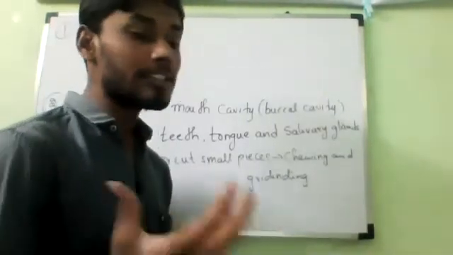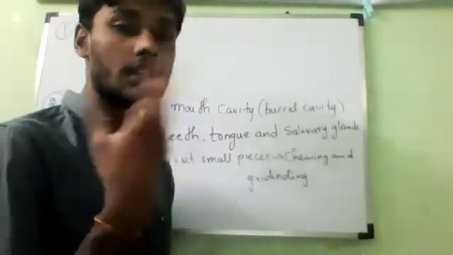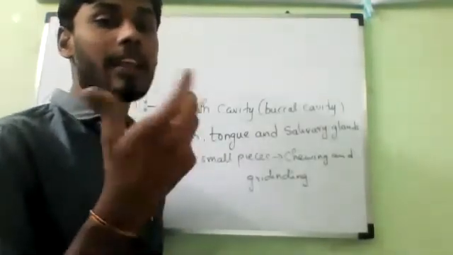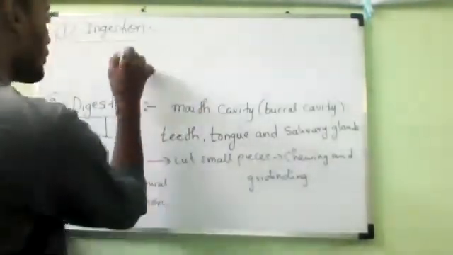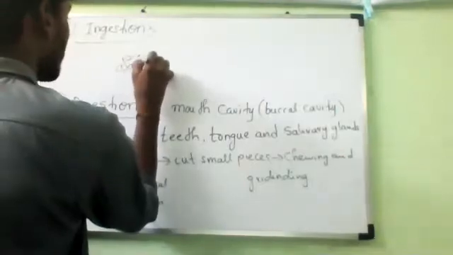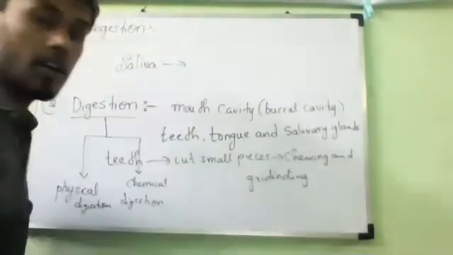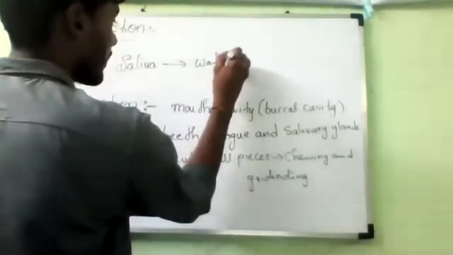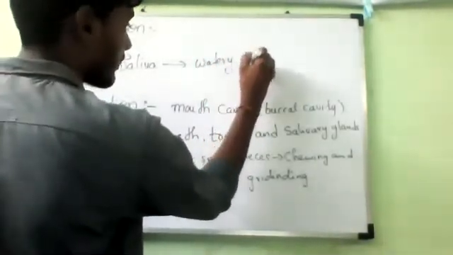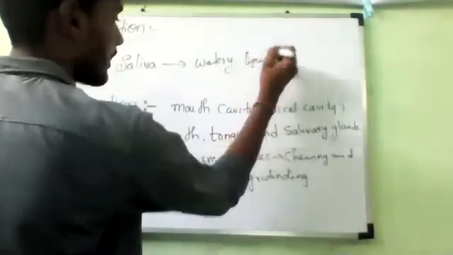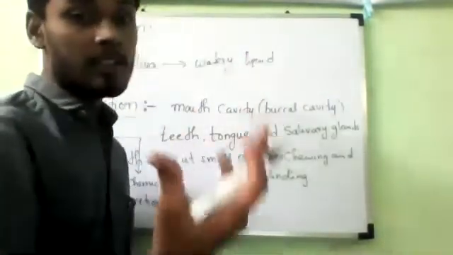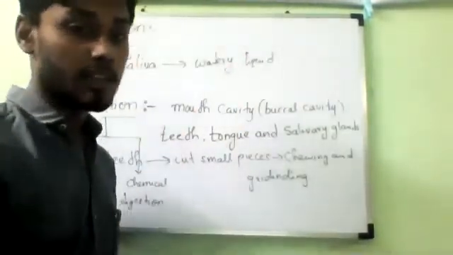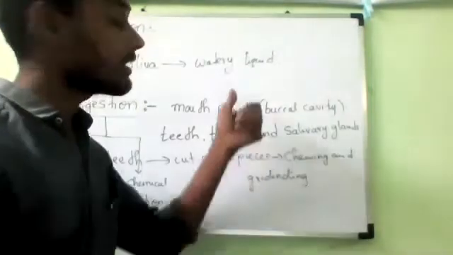And what is saliva? It is like water. Saliva is a watery liquid. They will ask you to define it. It is not water, it is a watery liquid, and it contains some other things.